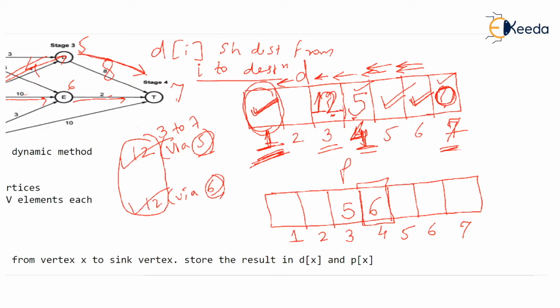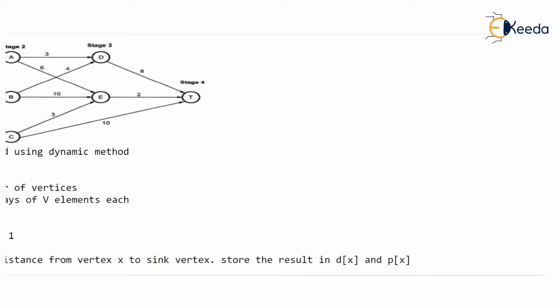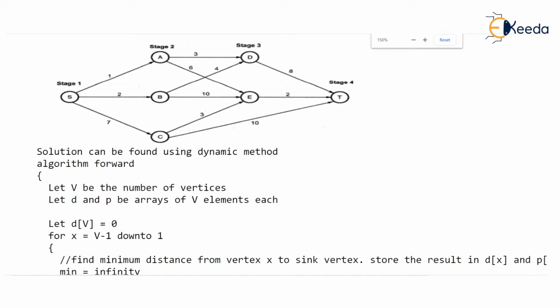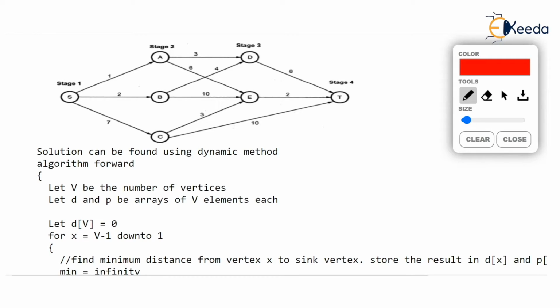All right. So now let's find out the processing of this and how this algorithm is written. Keep an eye on the algorithm now. The algorithm over here is saying that let's imagine that we are having V vertices, and let D and P be the arrays having V elements each.